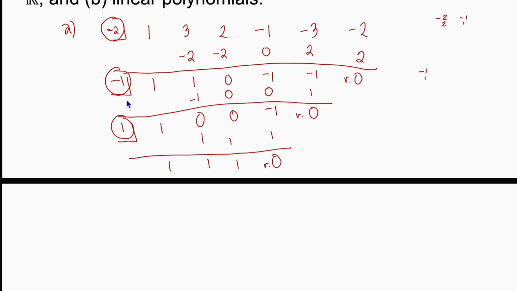So, anong ibig sabihin nito? This means, x is equal to negative 2. So, factor si x plus 2 equals 0. Eto naman, x equals negative 1. So, factor si x plus 1 equals 0. And ito naman is x equals 1. So, factor si x minus 1.